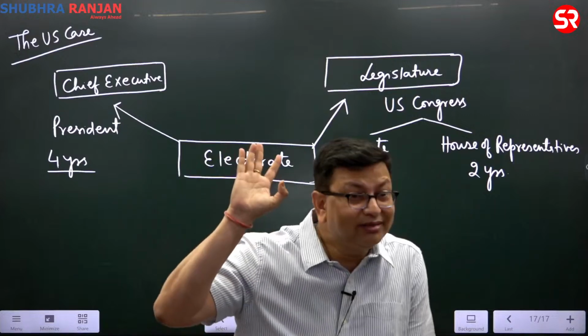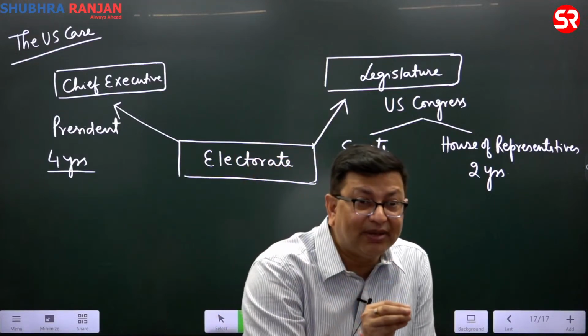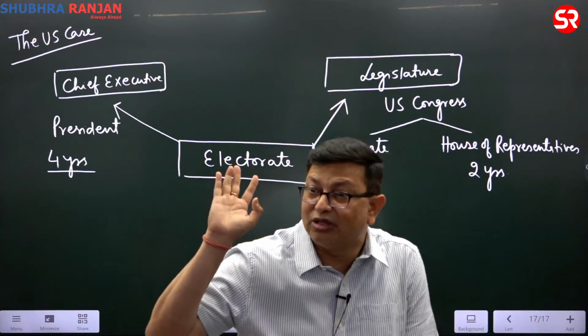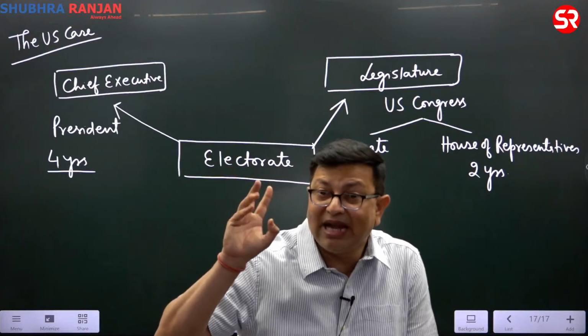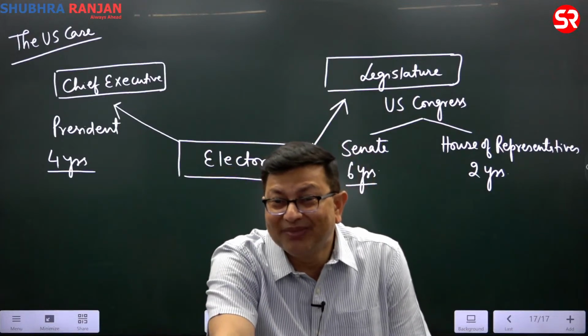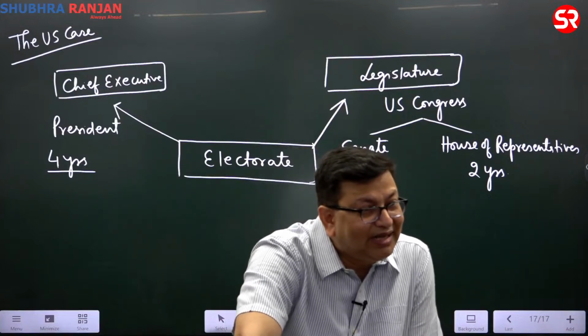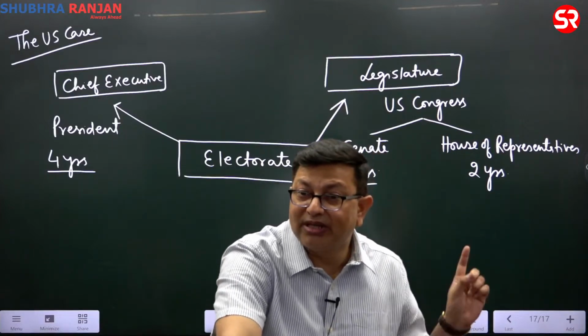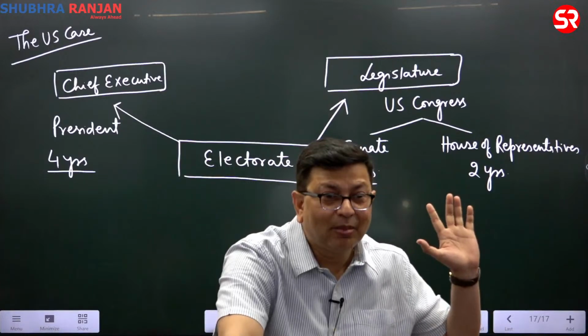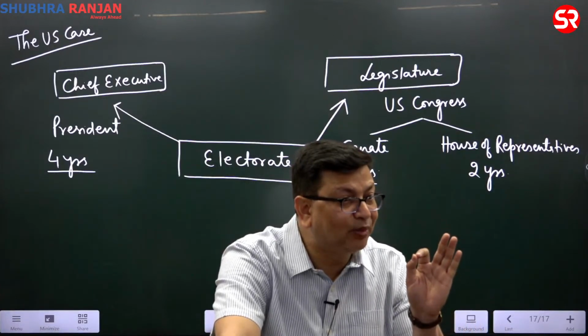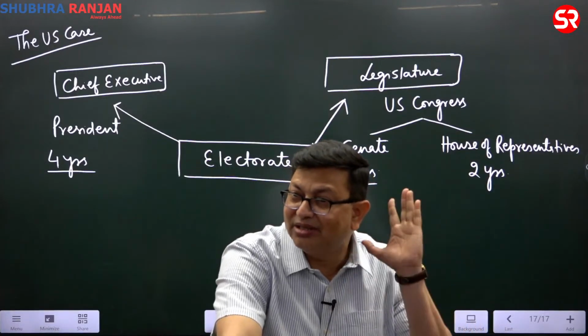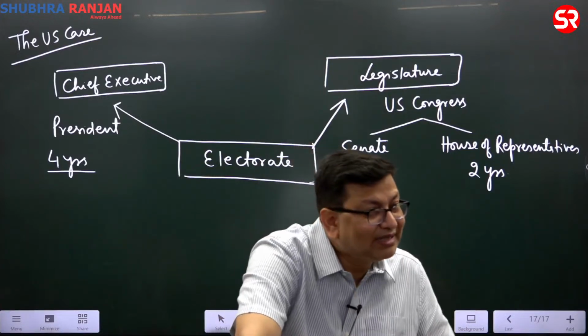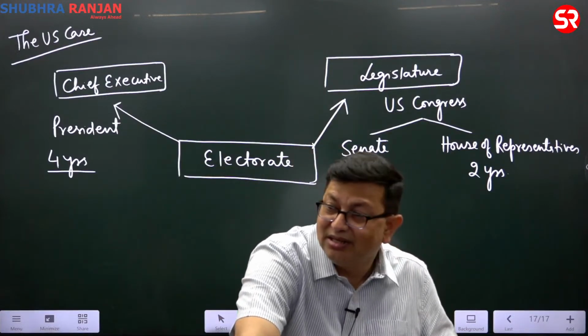They can be political persons, they can be non-political persons also. Anyone can be appointed as secretary, and the secretaries must not be the members of the legislature. They will not take part in the proceedings of the legislature. This is, we can say, the presidential system.